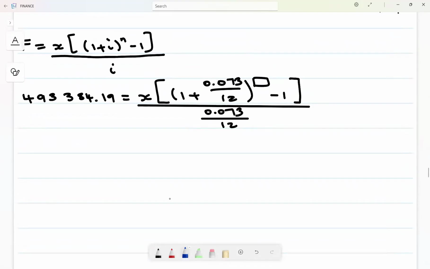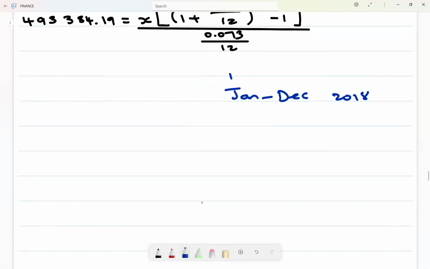He opened on the 1st of January. Okay, this is when you open to December, but he made a first payment on the 1st of January. So for 2018, it's that January to December, of 2019, of 2020, of 2021, of 2022.